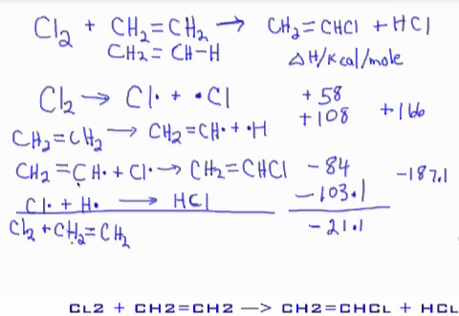And I've got several things. I've got 2 chlorine dots. I've got the organic dot, the organic radical. I've got a lot of things on this side. I've got 2 Cl dots, and I've got an H dot.